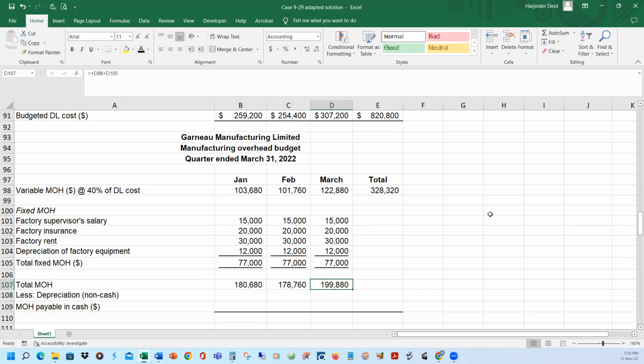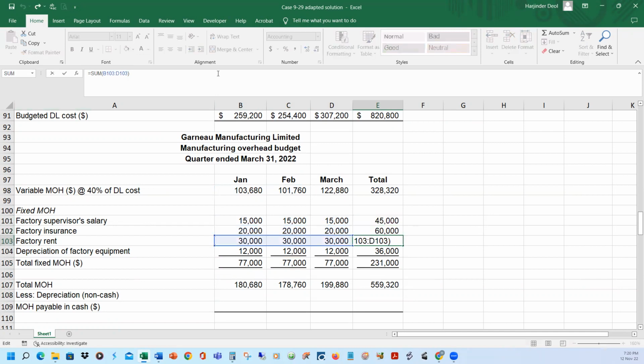And similarly, we get the month of March. For the totals, total factory supervisor salary is 45,000 over the 3 months. Total factory insurance is 60,000. Total factory rent is 90,000, and the total of depreciation of factory equipment is 36,000.